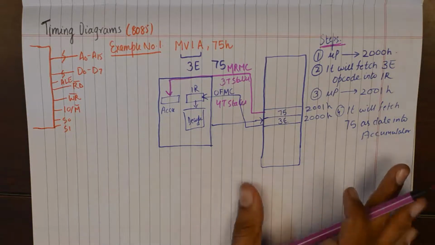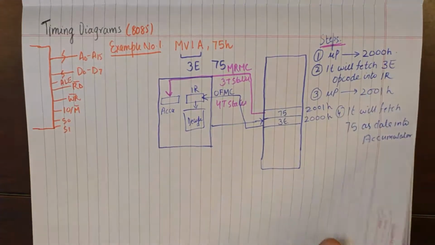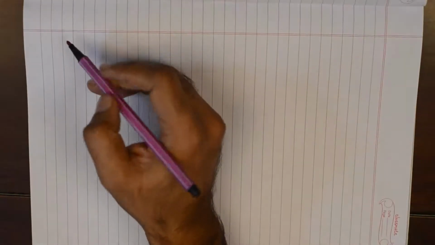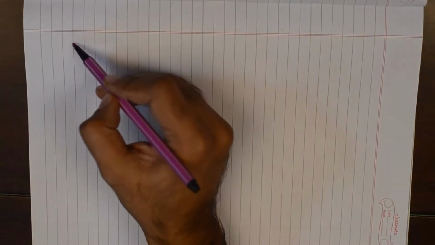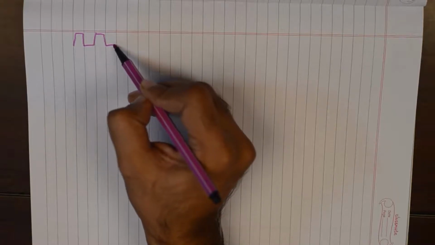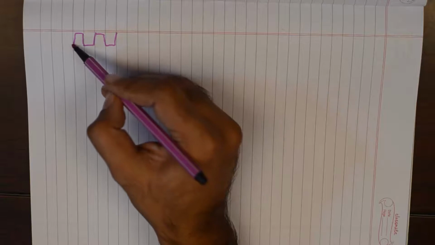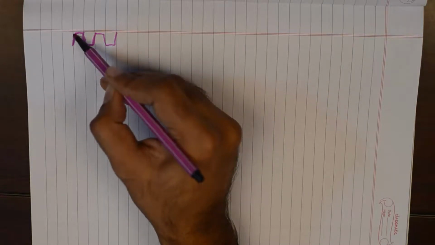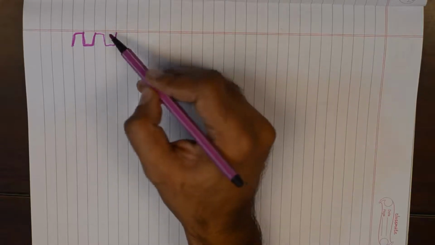Now let's draw the timing diagram. In order to draw the timing diagrams, I'll first draw 7 T states. This one cycle would represent 1 T state, so I'll draw 7 such T states.